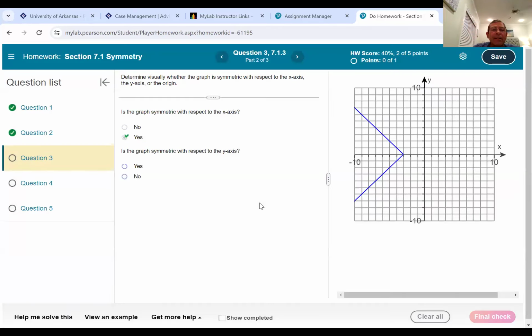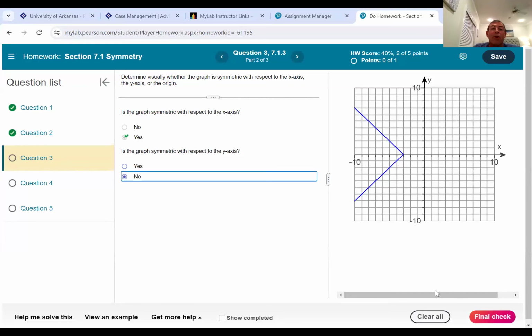Then it'll ask us, is it symmetric to the y-axis? And guess what? That y-axis ain't cutting this graph in half, is it? No, sir. It ain't even over near that thing. So we're going to say no on that one.